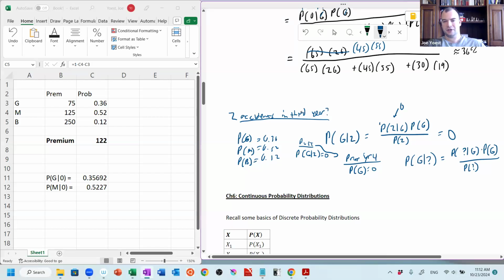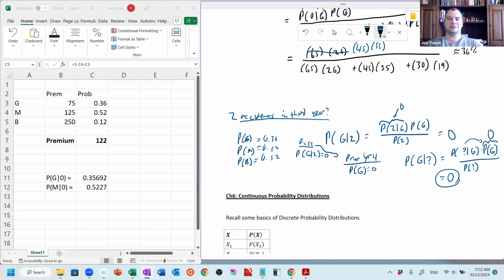But now the zero that was here has jumped over and it is now here. My posterior probability for year 4 being good is zero. That becomes the prior for year 5. That zero will persist forever.